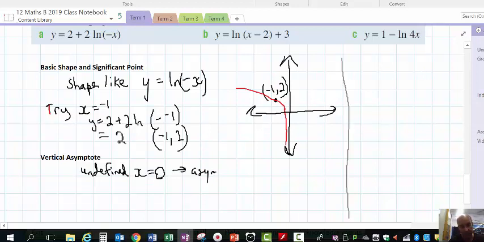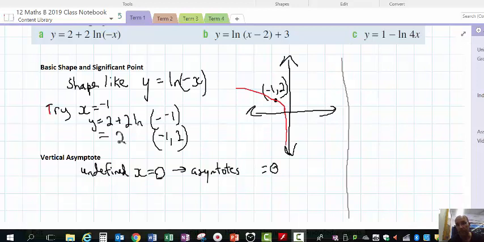So the asymptote is the line x equals 0. So that's the y-axis, in other words.